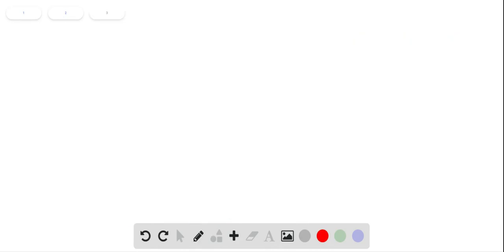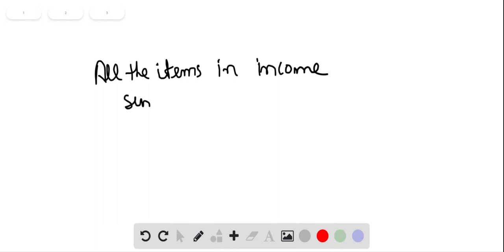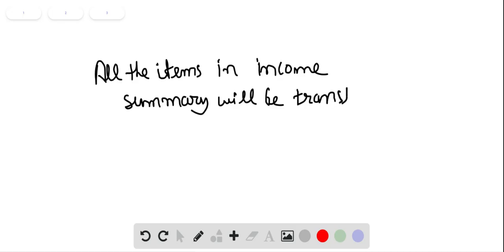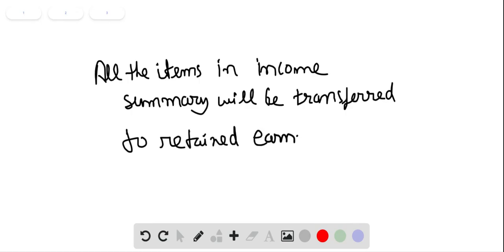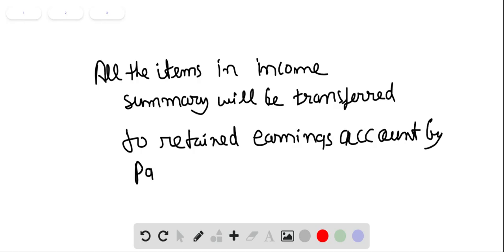Followed by that, all the items in income summary will be transferred to the retained earnings account by passing a closing entry.